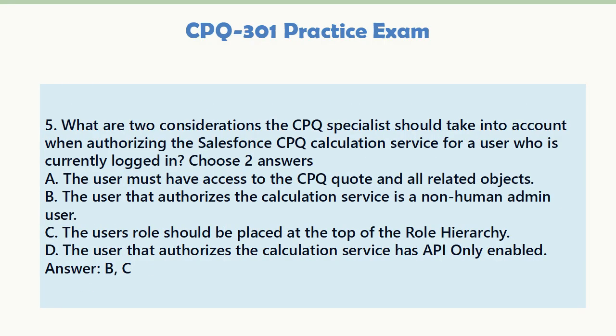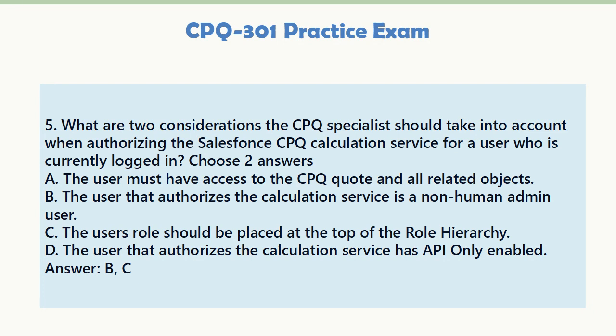5. What are 2 considerations the CPQ specialist should take into account when authorizing the Salesforce CPQ calculation service for a user who is currently logged in? Choose 2 answers. A. The user must have access to the CPQ quote and all related objects.